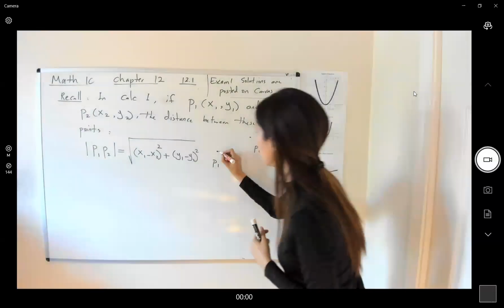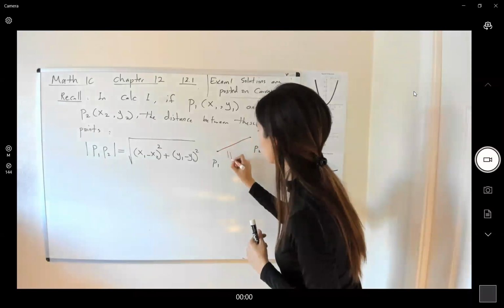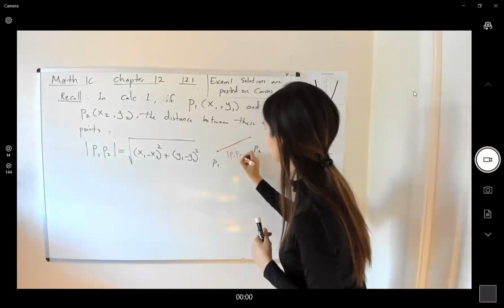This is the distance between these 2 points, the absolute value of P1 P2.